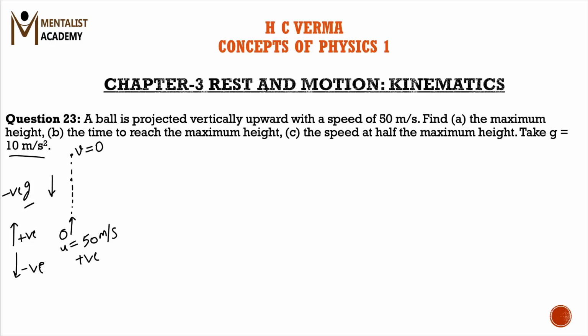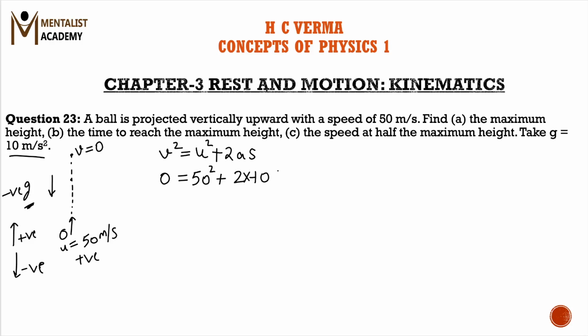So let us use the third equation, that is v square is equal to u square plus twice as. So v is equal to 0, u is equal to 50, plus 2, a is minus 10 and into s.